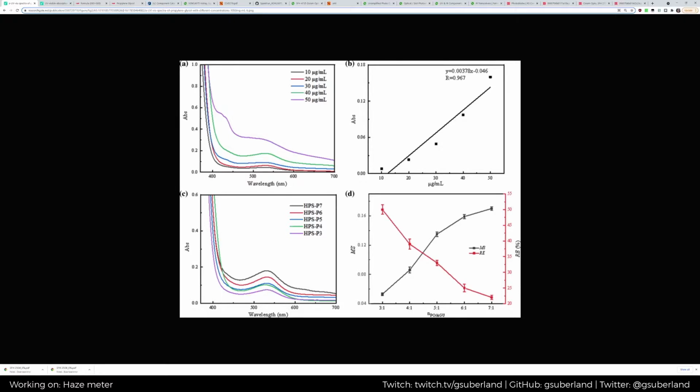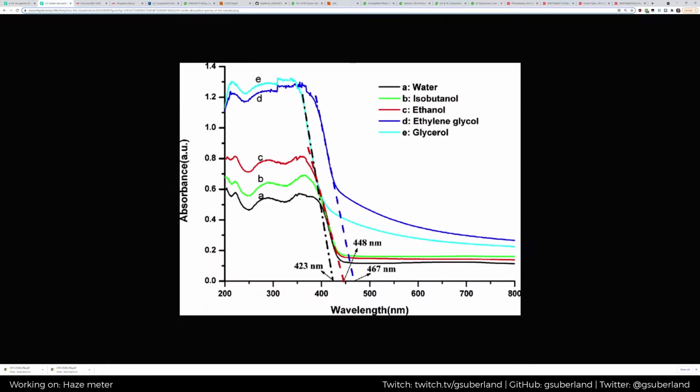And you can see that towards 400 nanometers, the absorption just goes through the roof. Now, this graph's a bit crap because you can't really see what's going on beyond that. So this one's quite nice. This blue line is ethylene glycol, and the cyan line is glycerol.